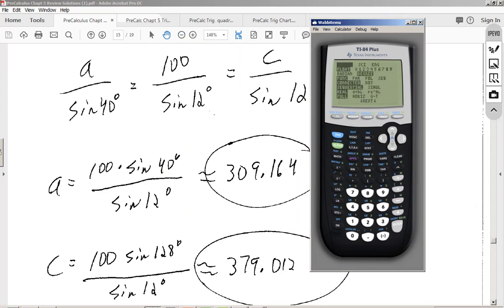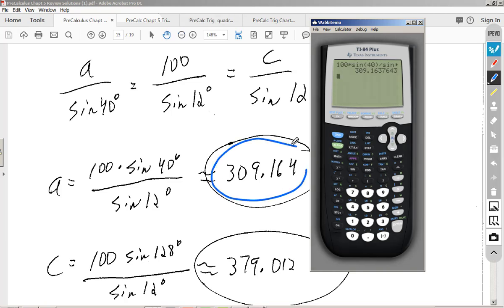I check to make sure I'm in degree mode. If I'm not, remember you can arrow down, highlight it, change it. Okay, and I'm just going to go ahead and type this in. So I got 100 times the sine of 40, and then divide by the sine of 12. Hit enter, and there's your answer of 309.164. So that's what side A would be.